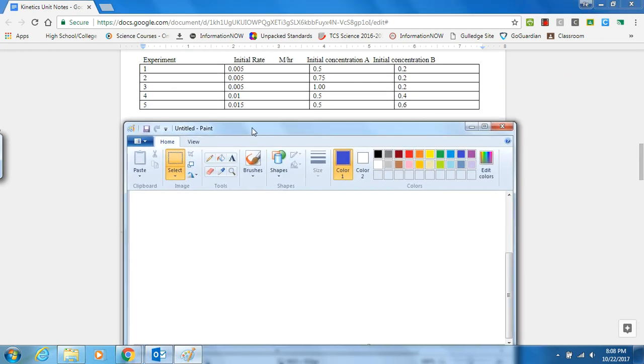If I don't conduct an experiment, I can't figure out my rate. So what I'm looking at is 5 different experiments. And what I've done is changed my concentration of A throughout that whole thing. And I've also changed my concentration of B. And therefore, I've gotten my rates out as my data.